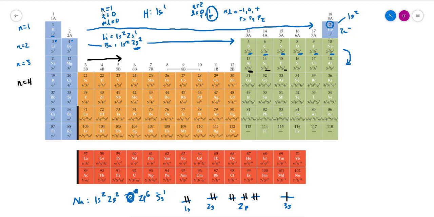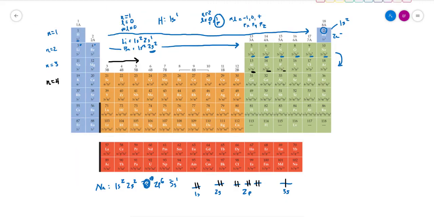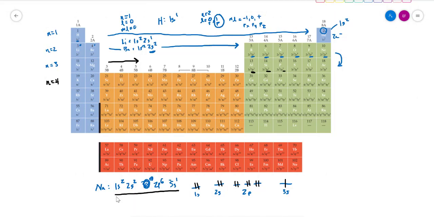Okay, so at the n equals 4 level, it gets a little bit different. So let's take a pause here. There's a nice shorthand way of writing this as well. Instead of having to write out necessarily this whole series of all the subshells, sometimes that's nice, sometimes it's not necessary.